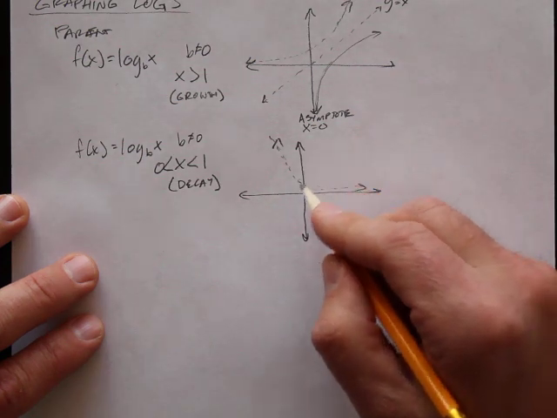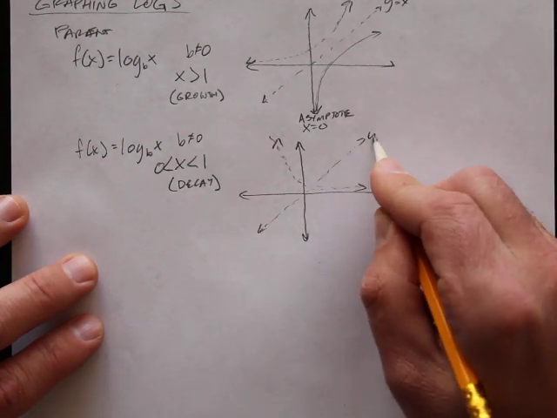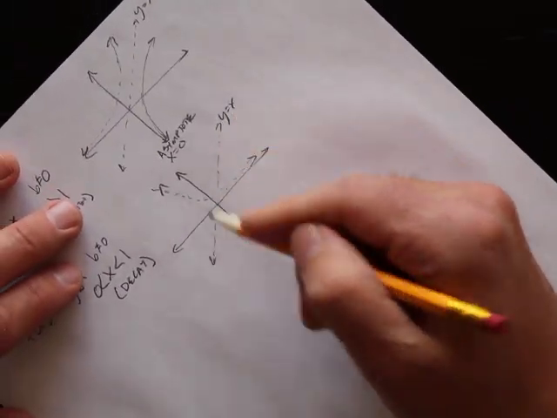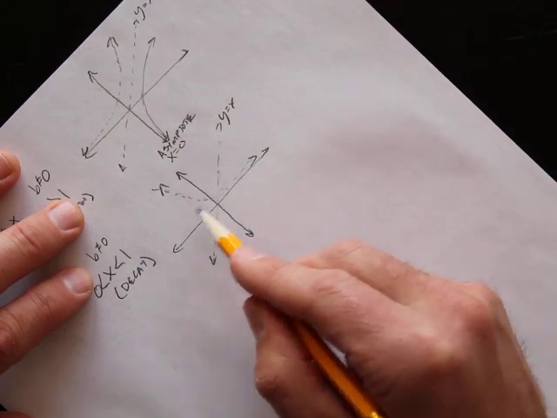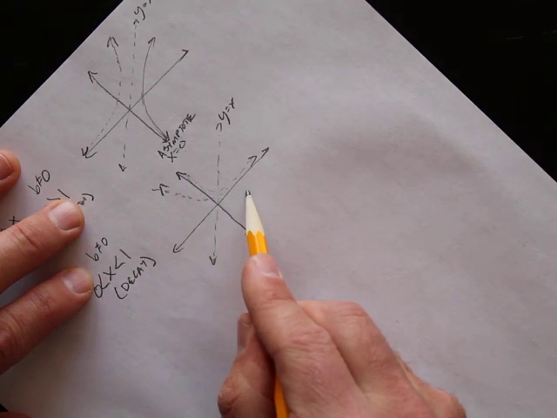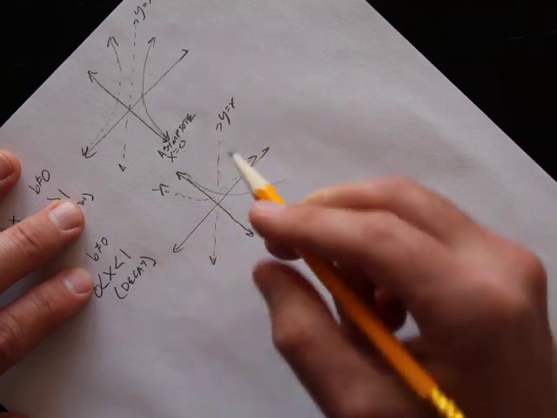And then I'm going to draw my y equals x axis here. Okay, and then I'm going to look at this way because it's easier for me. And then I'm going to draw a perfect mirror image.